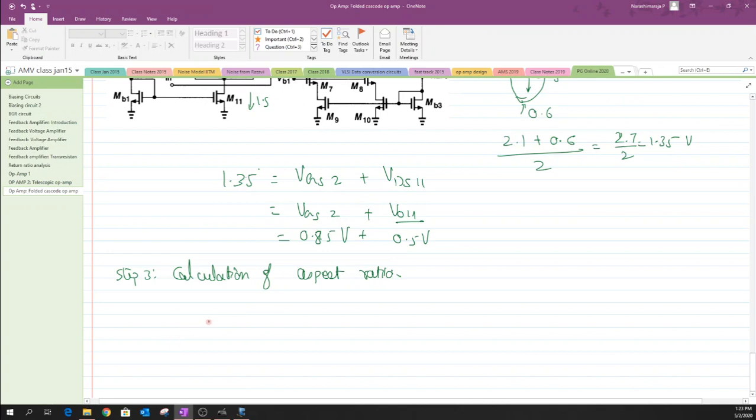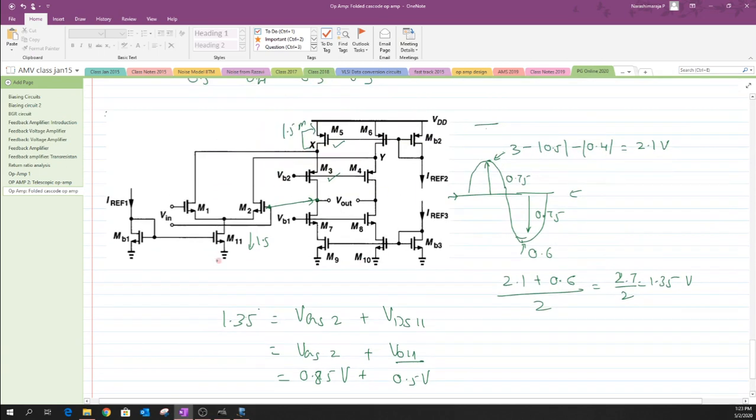Based on the formula that we have discussed before, we know the bias current or the DC current divided by the Kn dash, or basically the mu of either PMOS or NMOS, Cox, and the VOV that we have defined in step number 2. Based on all these factors, one could evaluate the W/L factor for all of these transistors starting from M1 all the way to M11.